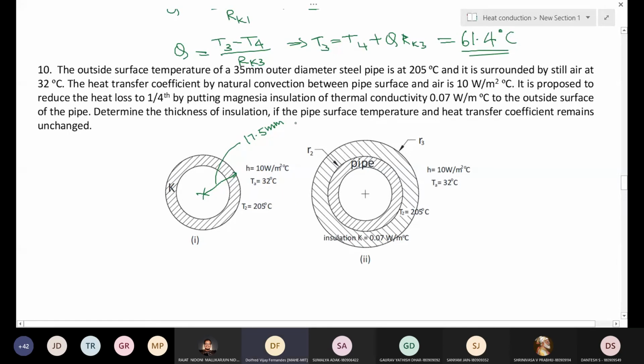It is surrounded by still air. The air temperature is 32 degrees centigrade and the heat transfer coefficient is 10 watt per meter square degree centigrade.